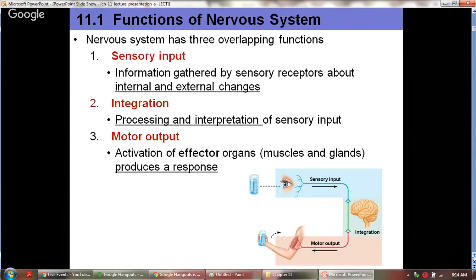The second function is integration, which means the processing and interpretation of the sensory input. The motor output is the third function, where the activation of effector organs such as muscles and glands produces a response.